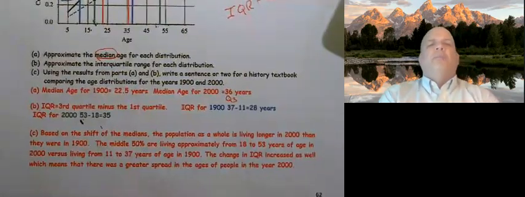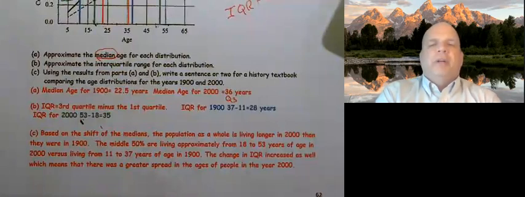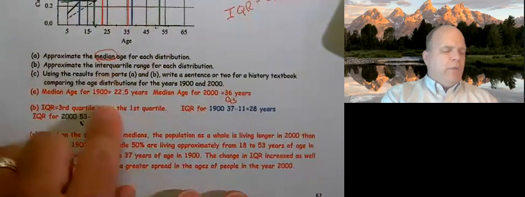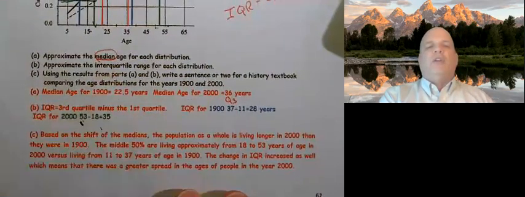So part C said, use the results from parts A and B to write a sentence or two for a history textbook comparing the age distributions for the years 1900 and 2000. Based on the shift of medians, so I'm addressing the center, the population as a whole is living longer. How do I know that? Well, my median age went from 23 to 36, an increase of about 13 years.